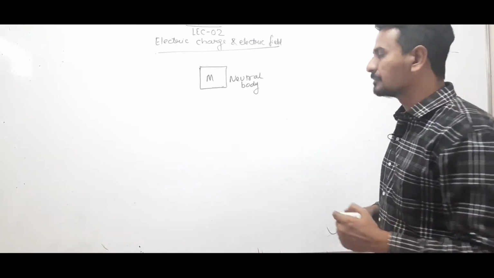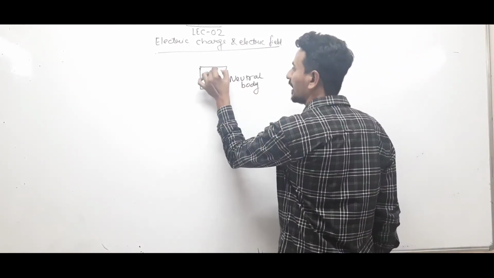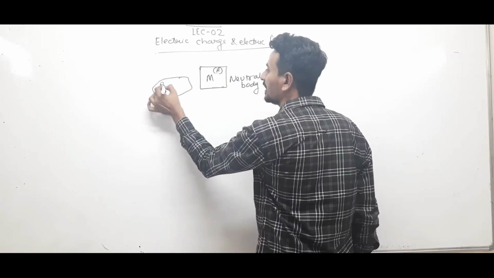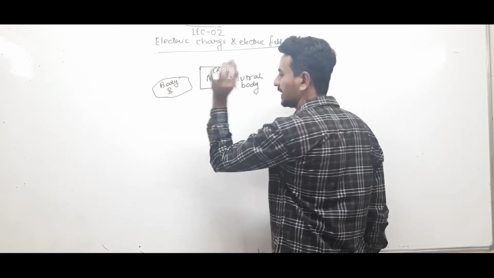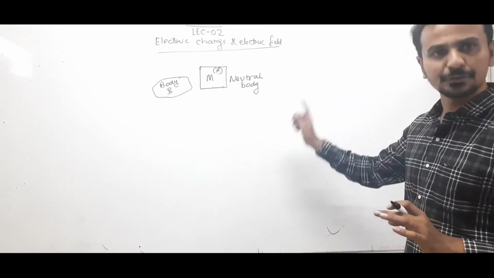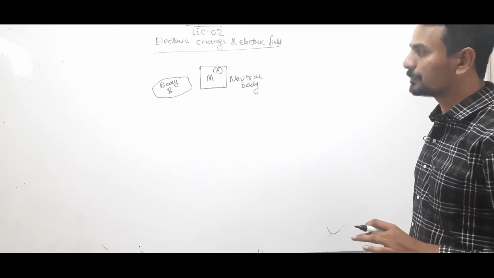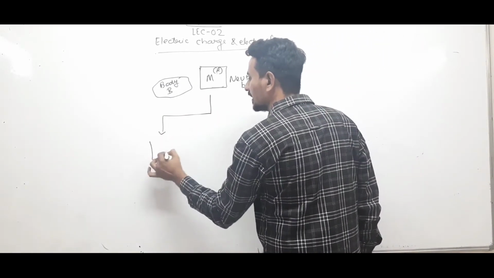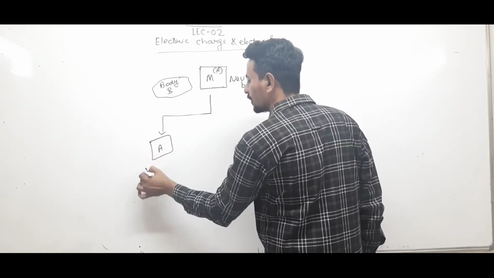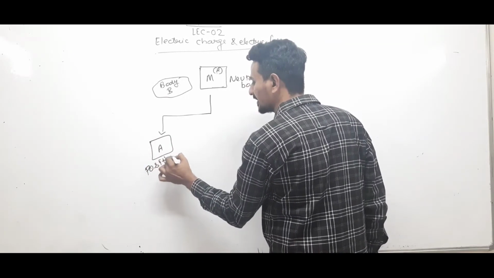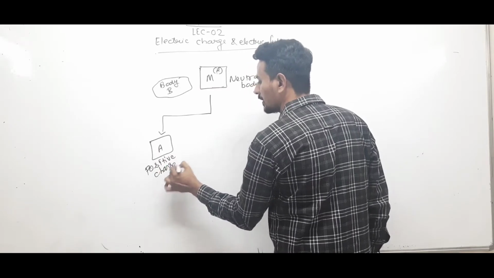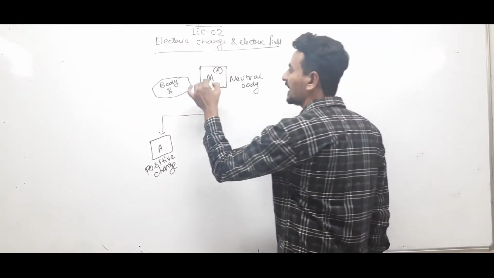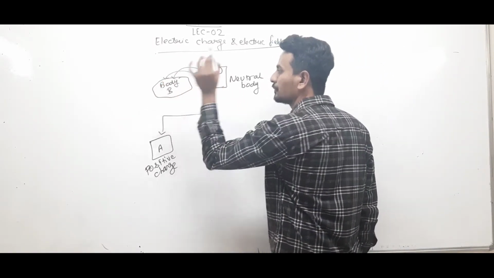There is a neutral body A, and I am rubbing it with another body B. Suppose body A acquires positive charge. That means by rubbing, some electrons of A are being transferred to B.